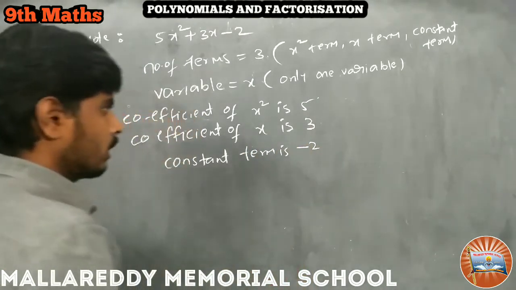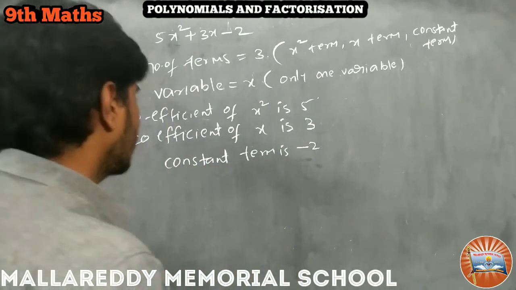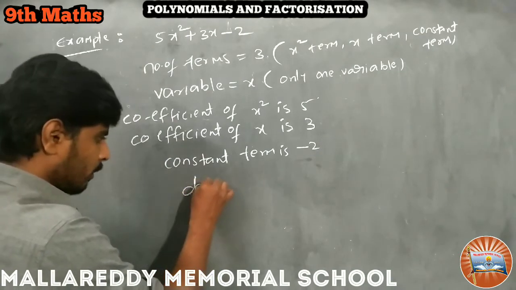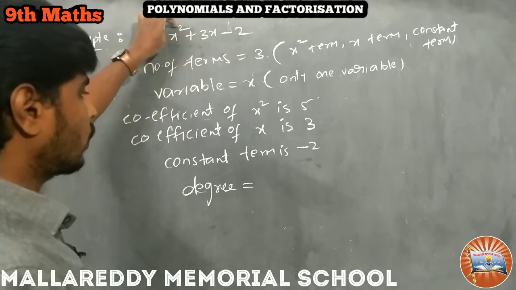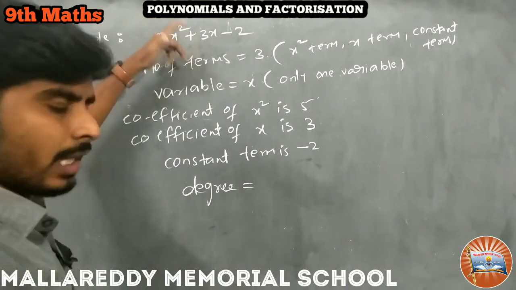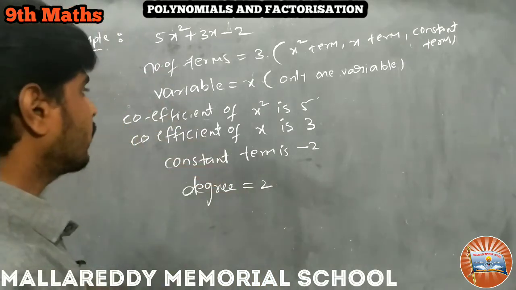The constant is -2 here. What is remaining? The degree. What is the degree of the polynomial? The degree of the polynomial is 2. The involved variable is x and the highest power is 2. So 2 is the degree.